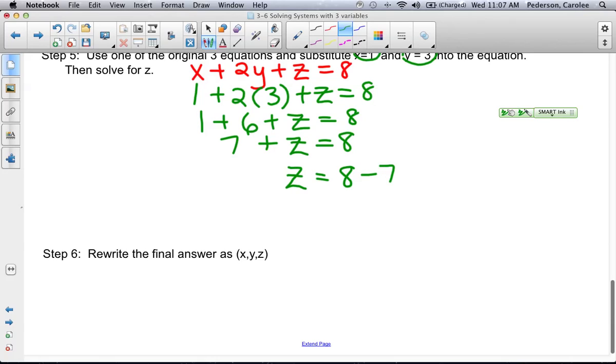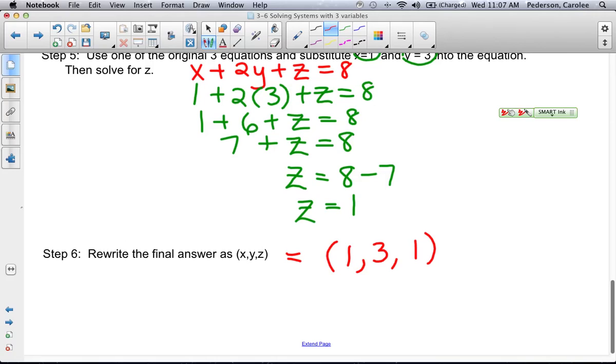So 8 minus 7 is 1. Now I have all three variables identified. So I identify the x, the y, and the z, which equals x we found to be 1, y we found to be 3, and the last one, the z, we found to be 1. So the solution to this system for x, y, and z is 1, 3, 1.